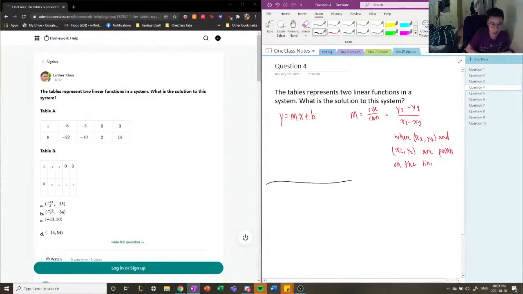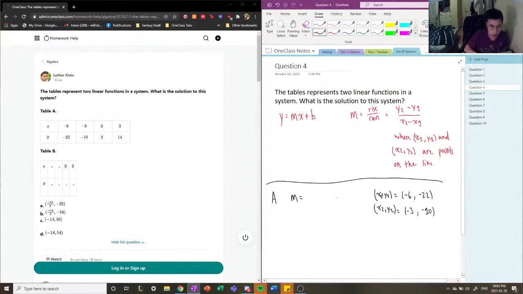Let's talk about our first line, which I'm going to label as A. First we're going to calculate the slope. We're just going to use these first 2 points here: -6 and -22, and -3 and -10. Let me label my points first, so it's not confusing. x1, y1 will be -6 and -22, and x2, y2 will be -3 and -10.